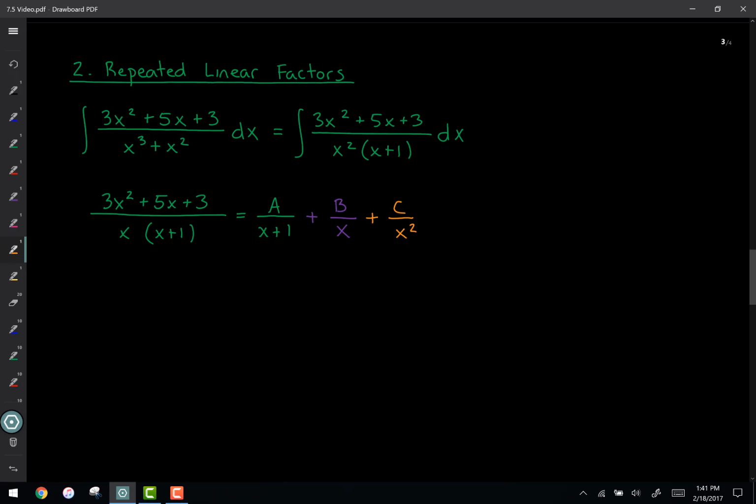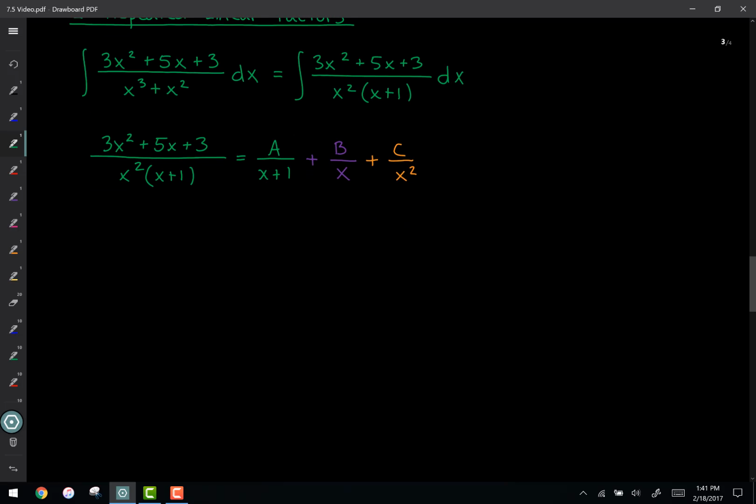If this were an x to the 5th, you would have a d over x cubed, e over x to the 4th, etc. However many of these repeated linear factors you have, they each get a little fraction that looks like a letter over the factor.